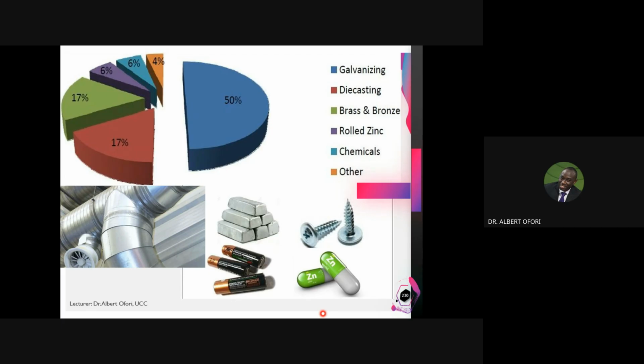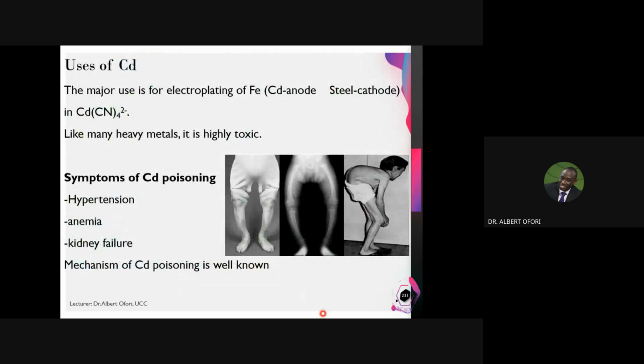But for cadmium, we don't really eat cadmium, and cadmium is one of the poisonous metals that we have, and it causes cadmium poisoning. The first case was diagnosed in Japan, so they call that disease the Itai-itai disease, which can soften the bones and cause osteoarthritis, and bend the bones.